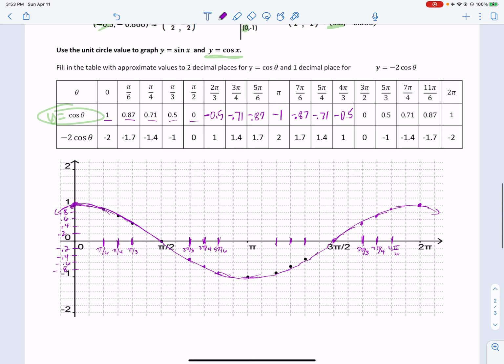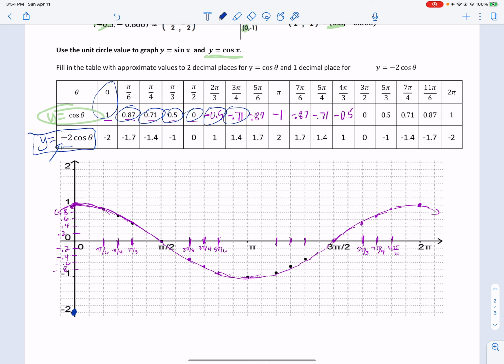Well, then if I instead go and graph y equals negative 2 cosine, the negative 2 reflects it in the x-axis, just like our normal transformations, and the 2 is a vertical stretch. And so if I think about this first point of 0, 1, if I reflect it, it's at 0, negative 1, and multiply it by 2, we're at 0, negative 2. But again, what you can do is just take all these y values and multiply by negative 2.